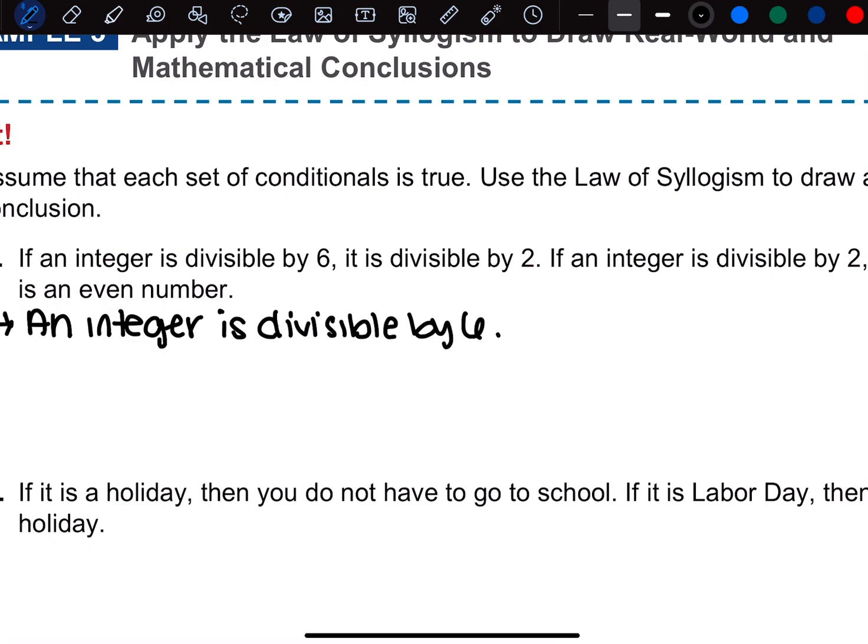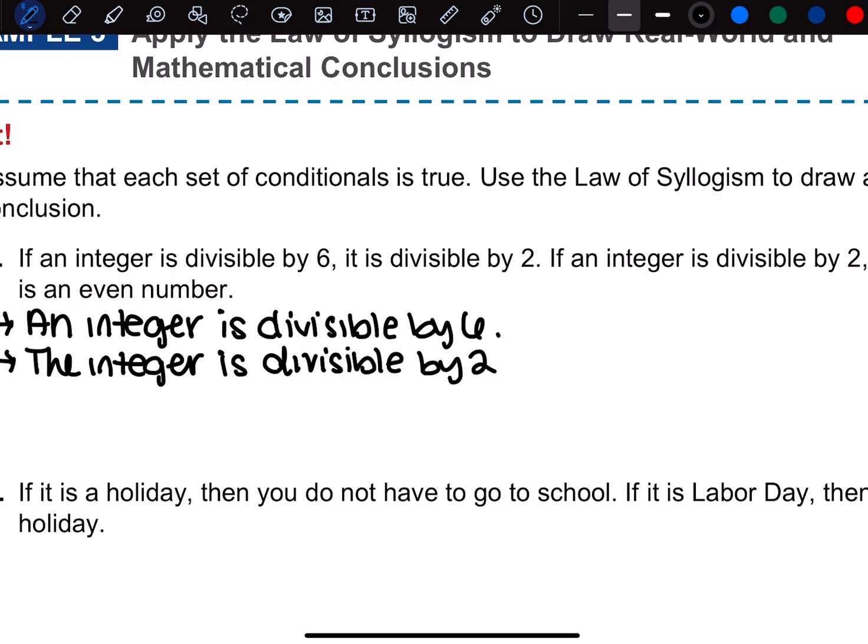The conclusion, also known as your Q, is the integer is divisible by 2. And then our new thing, the R, would be the integer is an even number.